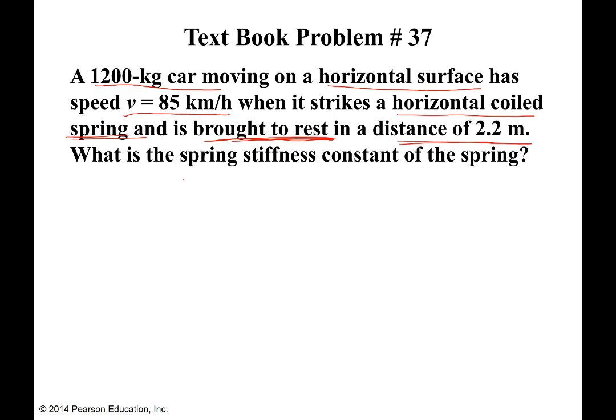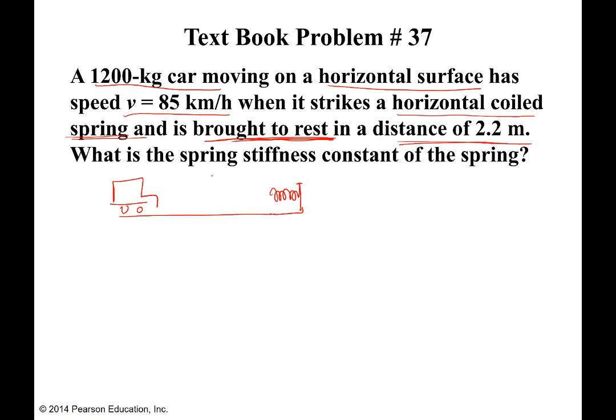But here we are seeing how a car has kinetic energy, and it smashes against the coil and converts the kinetic energy into potential energy after contact. So that's why it's important to understand the scenario. There is a car coming on a horizontal surface and there's a coil here.